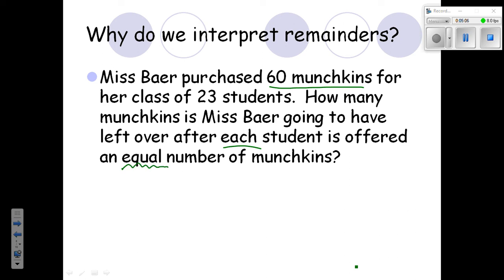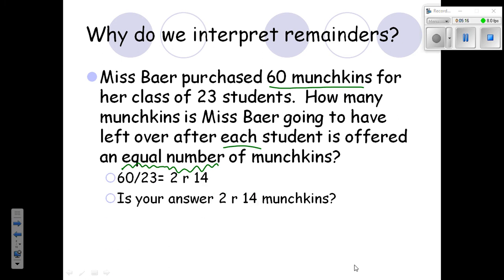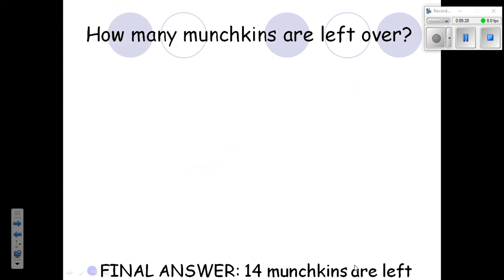We have equal number of things at the end. And if we divide 60 by 23, we're going to get 2 remainder 14. Can each student have 2 remainder 14 munchkins? Absolutely not. Or can we have 2 remainder 14 munchkins left over? No, none of those answers make sense.